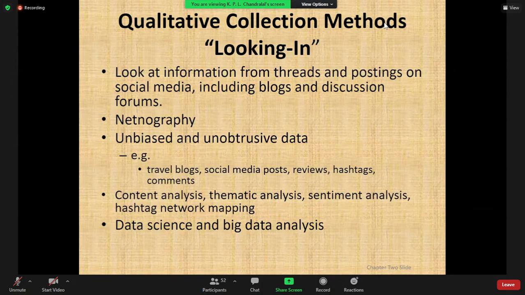What does it mean? Unbiased and unobtrusive data. That means now we can compare two situations and you can understand that easily.